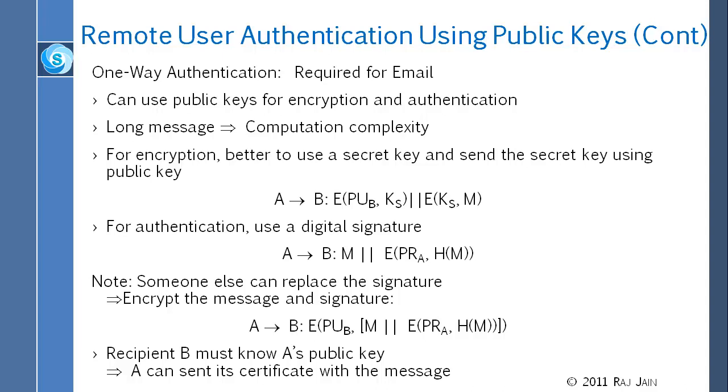That's correct. If I don't send you the certificate, then somebody can manipulate both the signature and the message with any private key. C could use its private key and say I am A, and here is the signed message. But that cannot be done if you have a certificate which is signed by somebody that we know.